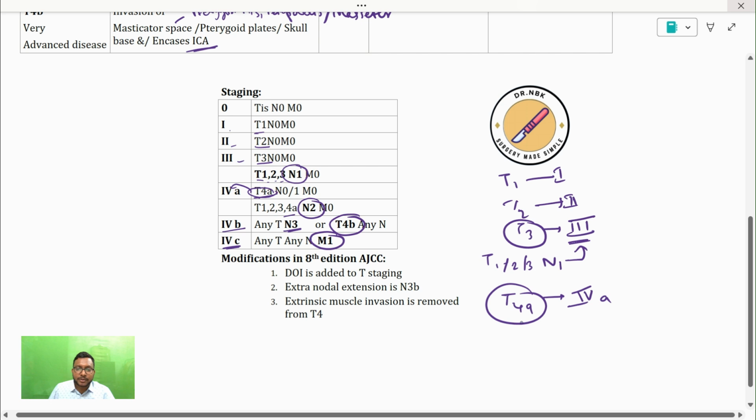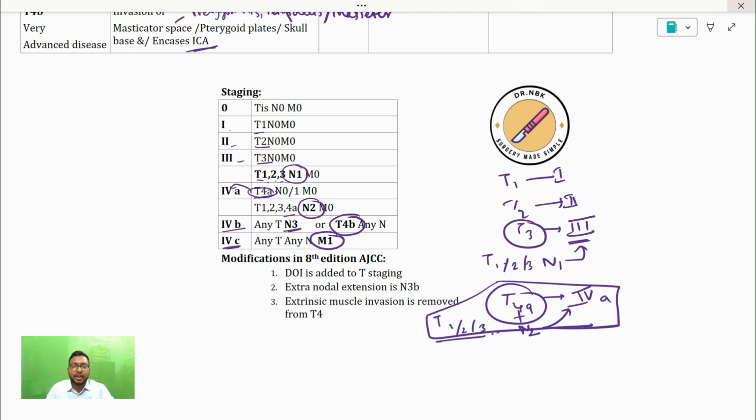Or if the nodes are present and it is N2, that will also come under 4A, whether T1, 2 or 3. So this will come under stage 4A, right? Then no matter what the T classification is, if it is N3, stage 4B. And no matter what the nodal grading is, if it is T4B, again stage 4B, right?